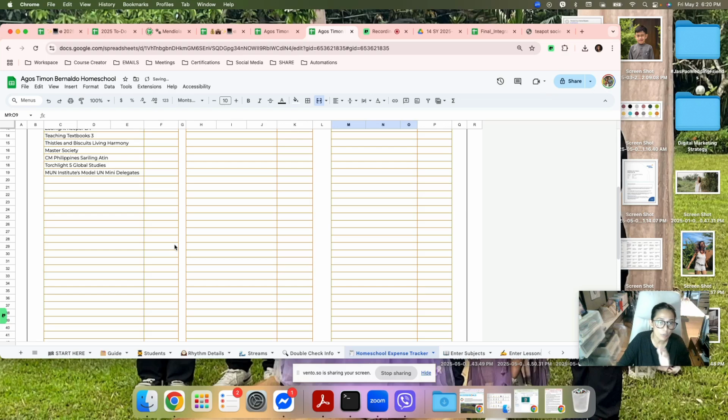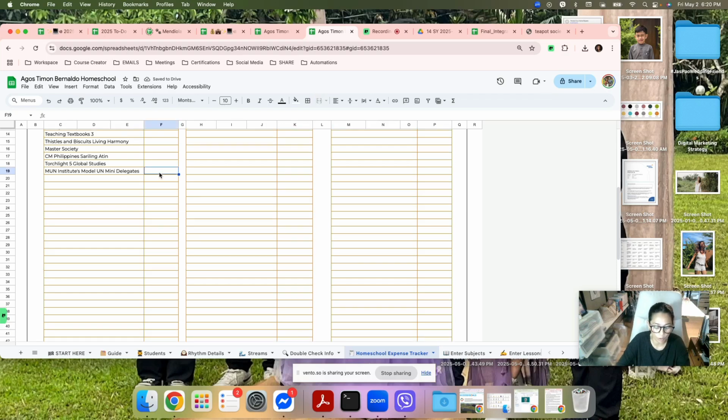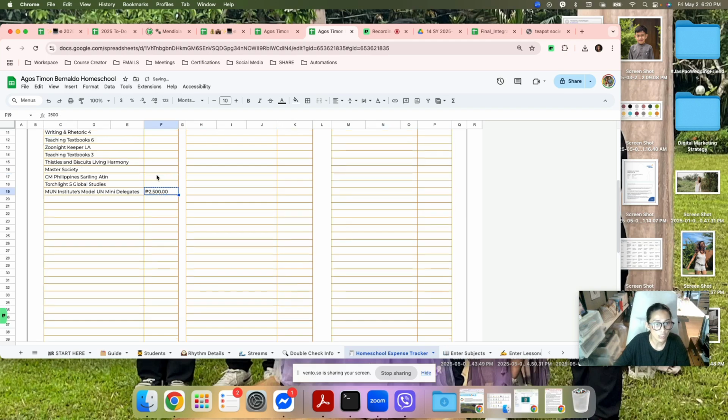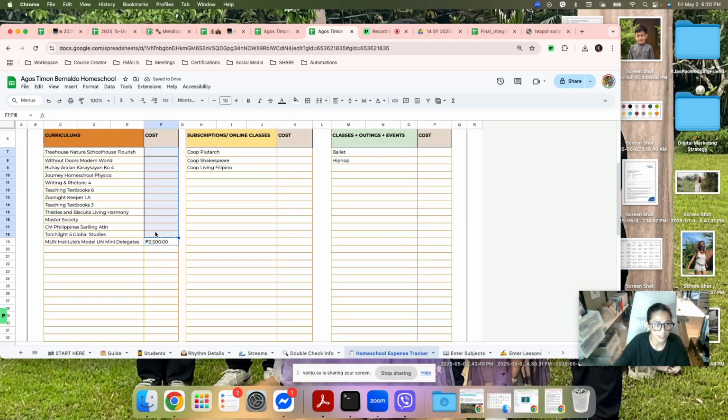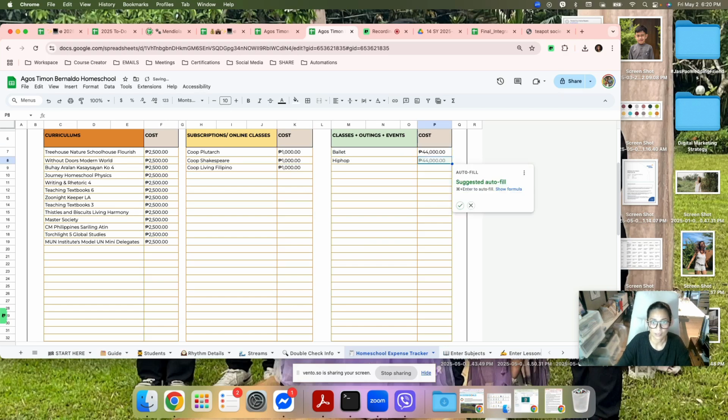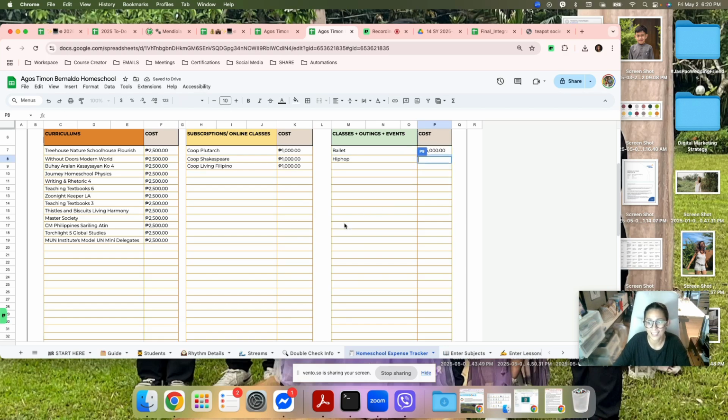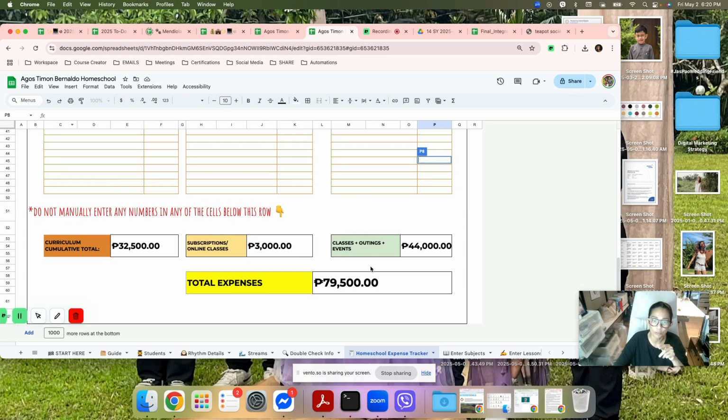Okay, so essentially, if you plug in, kunwari kung magkano tong mga to, it will total here, so that you can see. Kunwari lang to, hindi yan yung mga presyo na yan. So, for example, ito, naku, ang mahal ng ballet. Mga 8 months, ganyan. It's gonna show you where you are if you are deciding your curriculum on a budget basis.